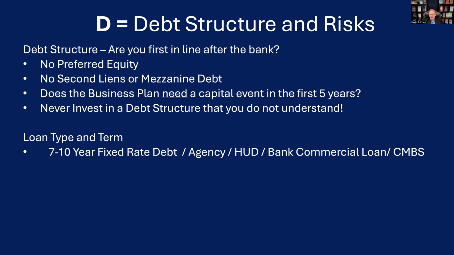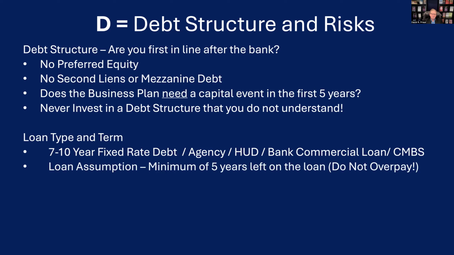On some types of commercial real estate, you cannot get agency. I mean, Fannie Mae and Freddie Mac don't loan on storage. They don't loan on other types of commercial real estate. So there may be a good reason, but generally in multifamily, we want to use agency or HUD. If it's a loan assumption, there needs to be a minimum of 5 years left on the loan, okay?